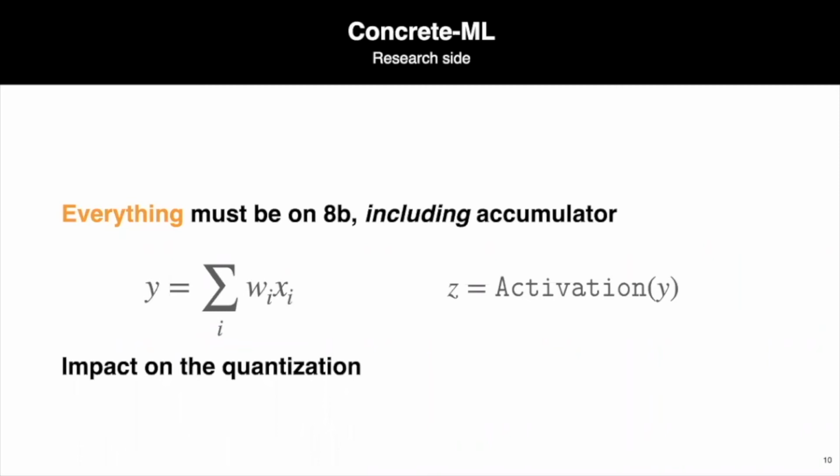Now we have separated the tool into, let's say, 2 parts. The part which is related to the crypto, and here everything is done for you, and the part which is related to the machine learning, which is a part that you, as a data scientist, can work on. So now when you have issues because the accumulator is too large, yes, you will have an issue, but it's an issue related to machine learning.